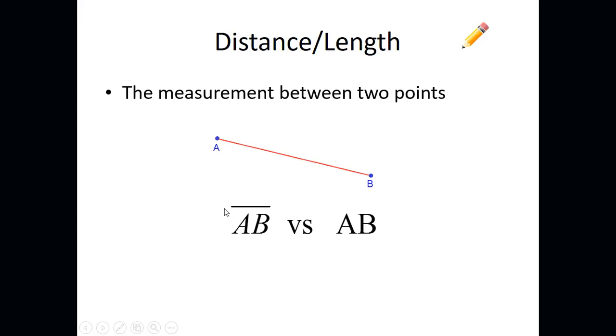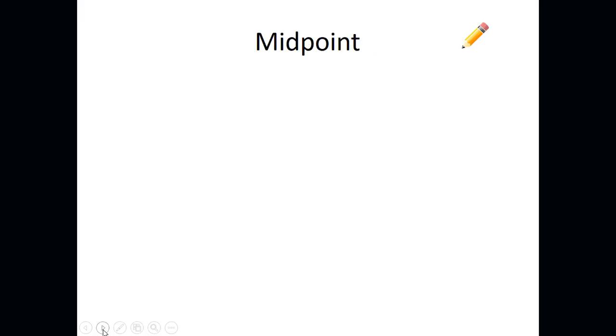So if I said find segment AB, you might highlight that. But if I said find AB, you would then be asked to measure it to actually find the distance between the two points. That's what makes that notation really important, that you actually draw the symbols when you're referring to a diagram part versus if you don't, you're referring to a length or a measurement.